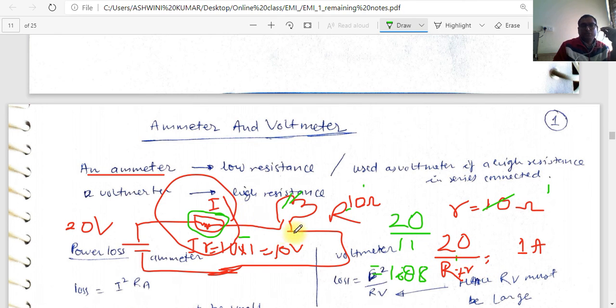Here we can see that by reducing the ammeter resistance, the flowing current is more. If we take 0.1 ohm, it will be 20 divided by 10.1, which gives about 1.98.